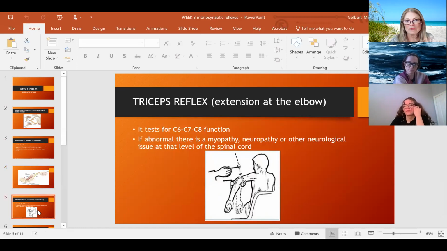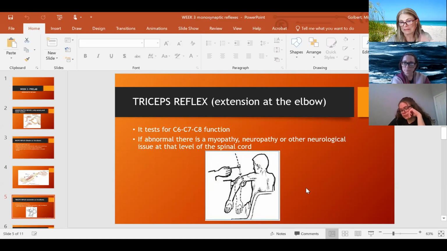The other one that you're going to be doing is the triceps reflex. And of course, all these reflexes are conducted by a neurologist when there's a suspect of spinal cord injury, right? And so by doing so, the doctor can tell what level of the spinal cord it may be affected.